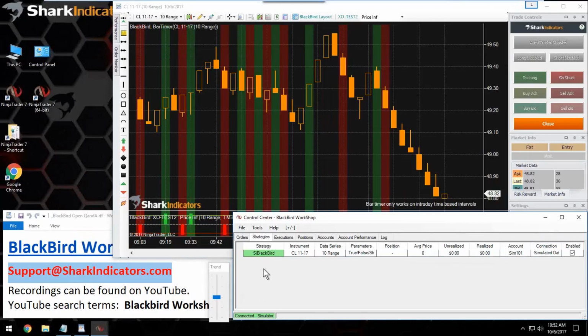The only limitation is your hardware, the speed of your computer, the speed of your CPU. Can your CPU run fast enough to make sure that all the Blackbirds are running efficiently? So there's no software limitation in NinjaTrader. It's all hardware-based limitations.